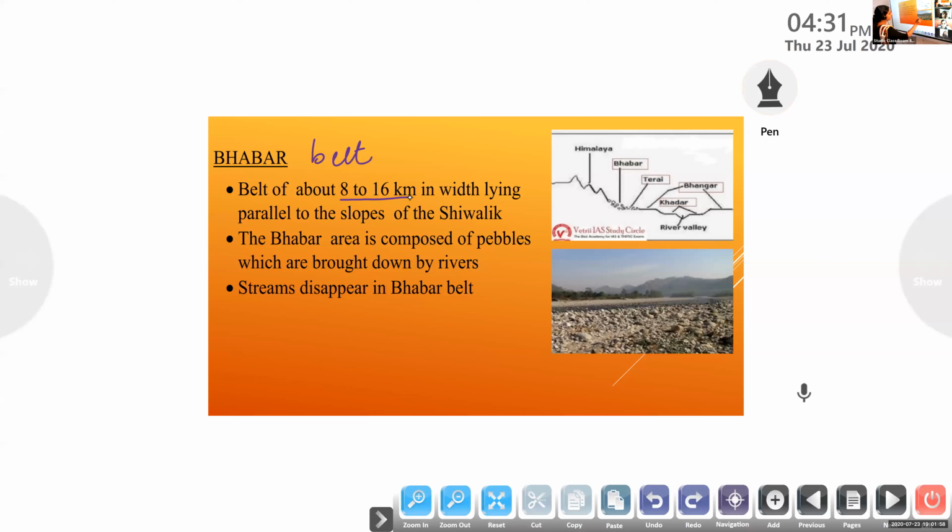At the lower part of the Shivalik mountain ranges, this part is called the Bhabar belt. What is the meaning of 'lying parallel to the slopes of the Shivalik'? This is the Shivalik mountain range, right?